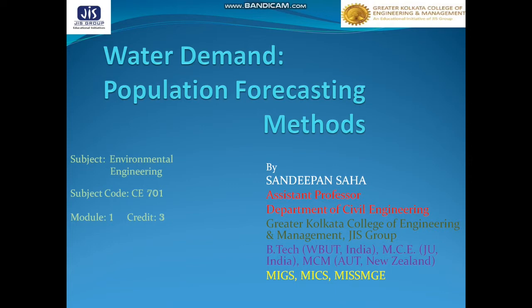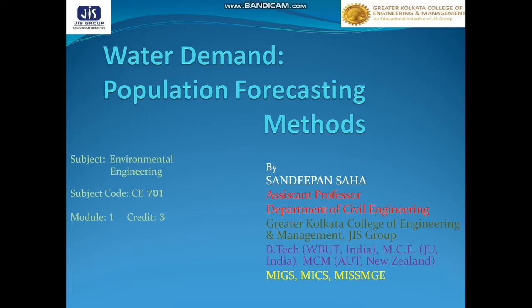JIS Group. In our previous lecture, we have gone through various kinds of water demands and requirements, which are very important parameters for designing a water supply scheme. In our current lecture, we will go through various kinds of population forecasting methods, which are also very important aspects for the serviceability of a water supply project.